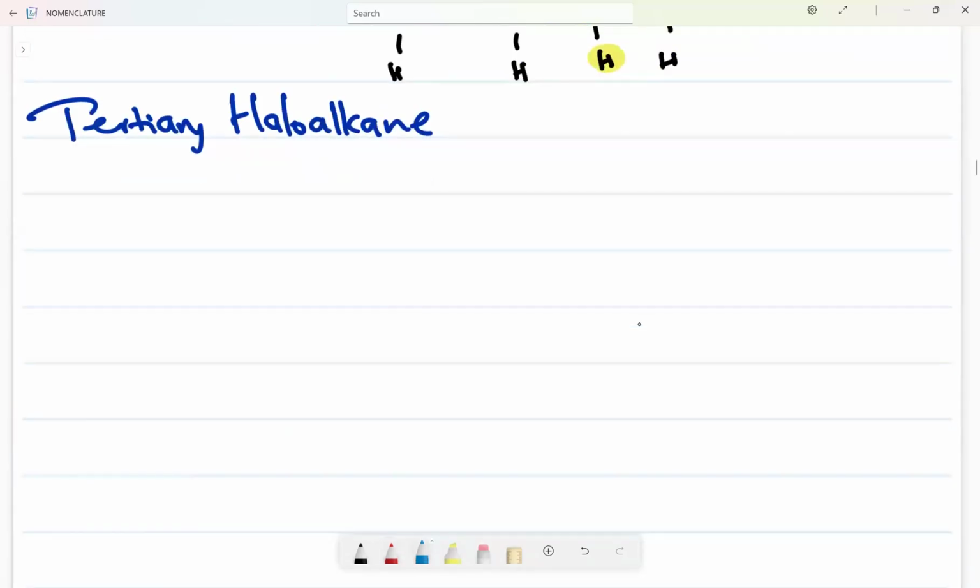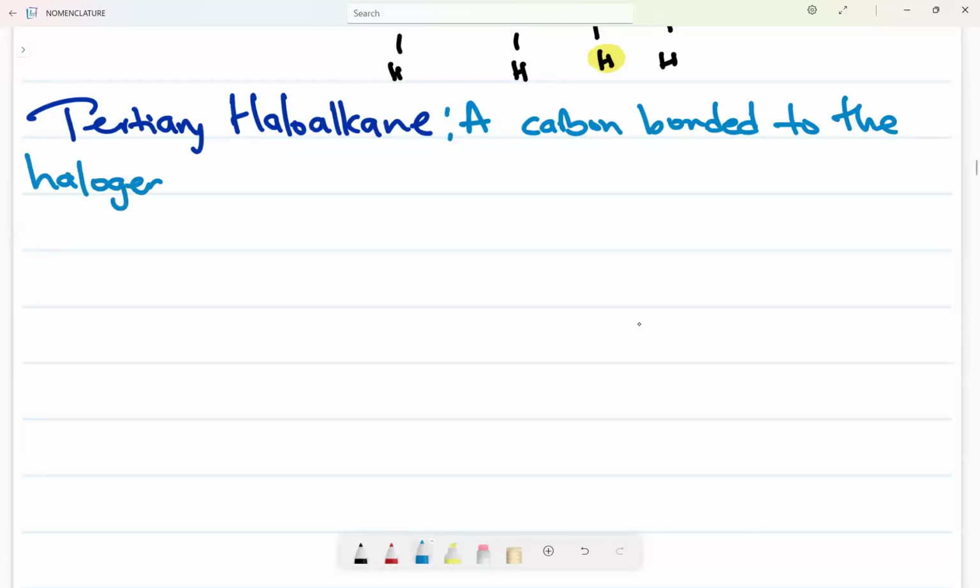So can you see now we are cruising nicely about this one? This one will be a carbon bonded to the halogen, is bonded to, can you guess this one?